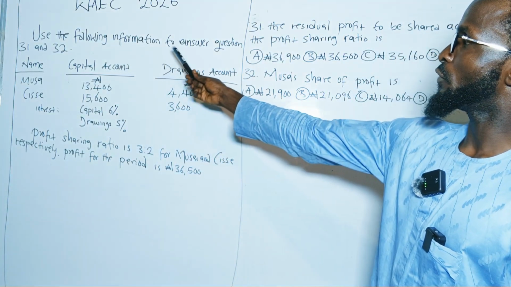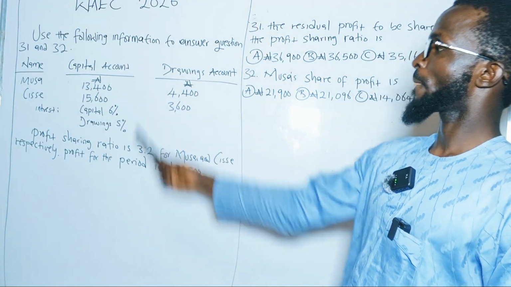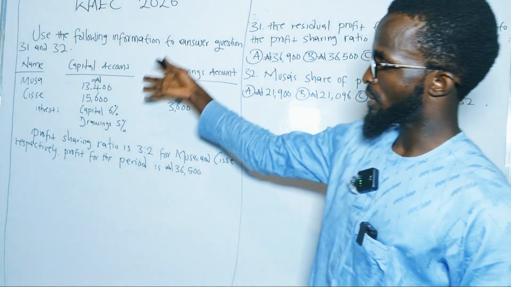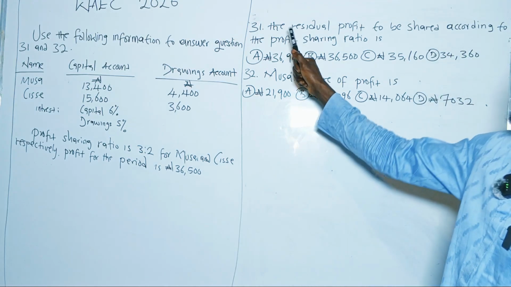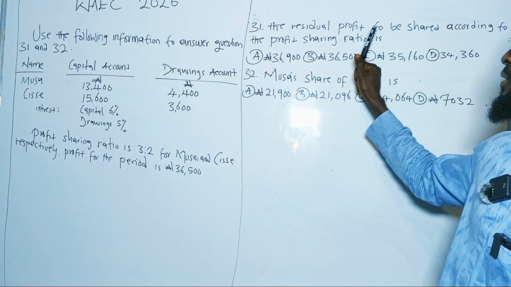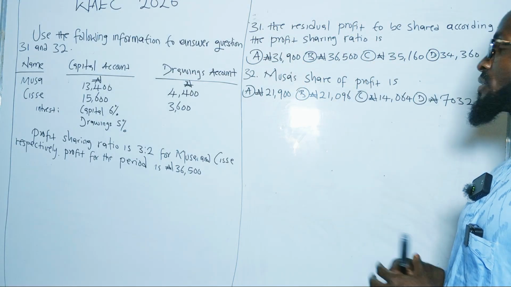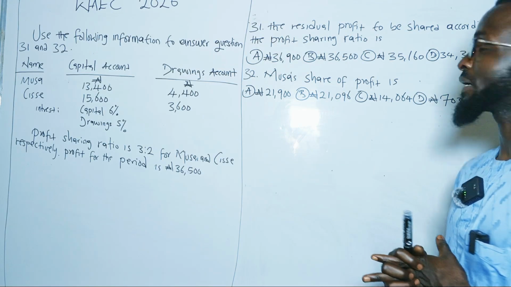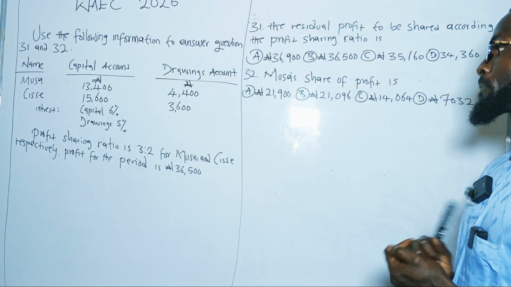Question 31. Use the following information to answer questions 31 and 32. Heading name, capital account drawings. Here is the information. Then question 31 says, the residual profit to be shared according to the profit share ratio is A, 36,900 naira, B, 36,500 naira, C, 35,160 naira, D, 34,360 naira.